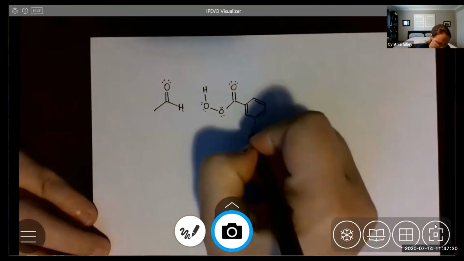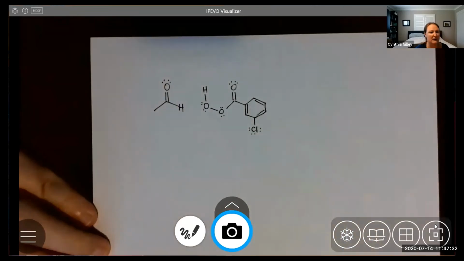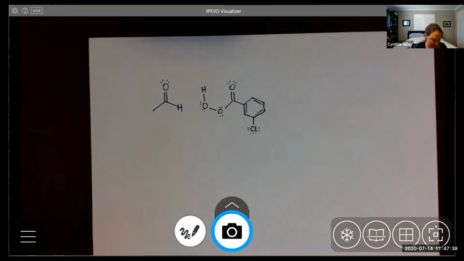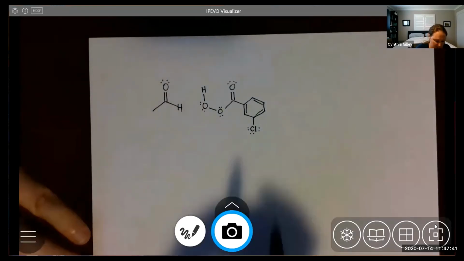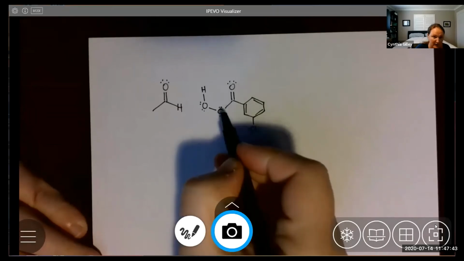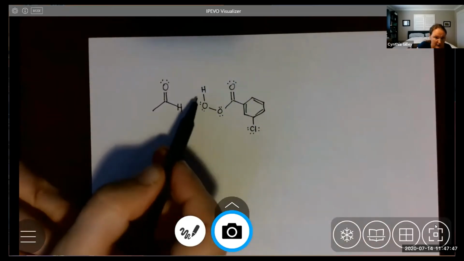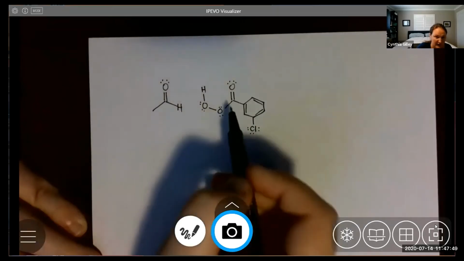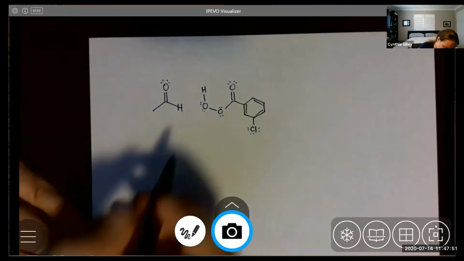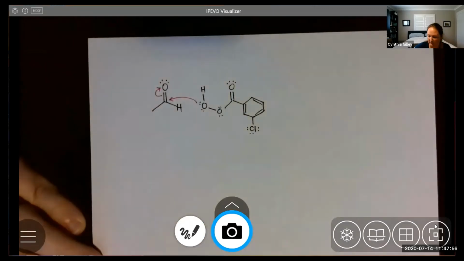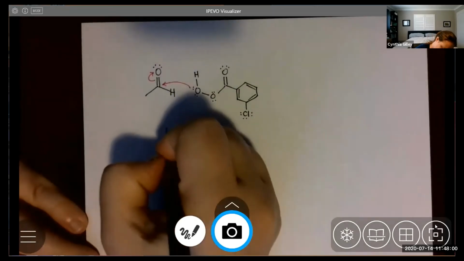Of course, there are the lone pairs on the chlorine. Those don't really matter, but okay. So one of the things to remember here is that the lone pair here is partially tied up with the oxygen in resonance. So this is actually the nucleophilic oxygen, and that's not close to the other oxygen. So we can actually show what that looks like.